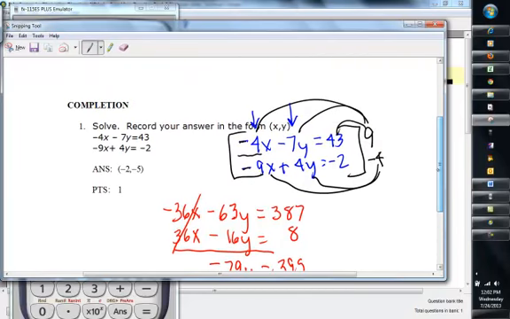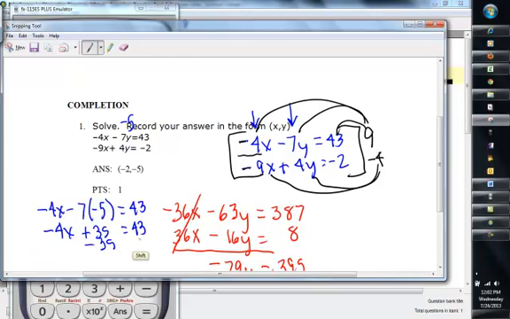Now that we know that, we can substitute that into either equation. I'm going to substitute it into the first equation, negative 5, and I get negative 4x minus 7 times negative 5 equals 43. Negative 4x plus 35 is 43.